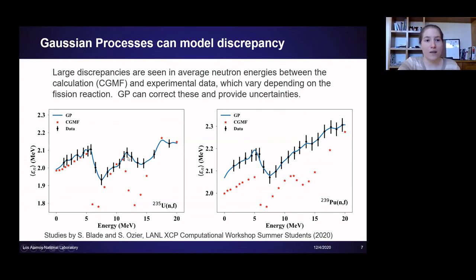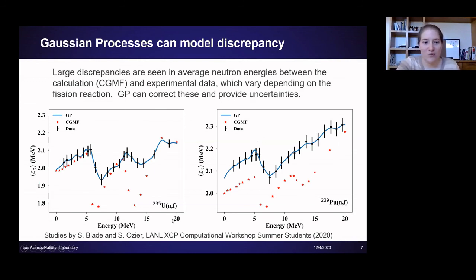In our models, we have particularly some trouble modeling the average neutron energies that come out of the fission fragments. As you can see here, the difference between our model calculations, the red stars, compared to experimental data, which is these black lines. And of course, there are uncertainty bands around the blue, but it, for some reason, did not come through here.